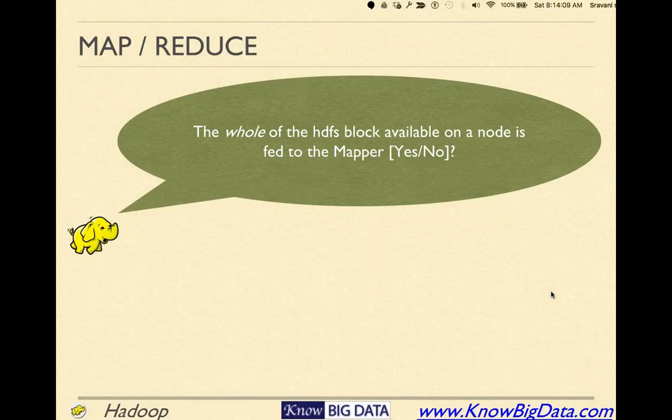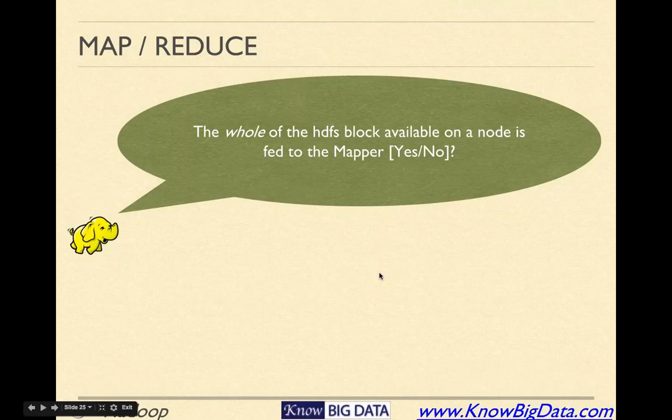Maheshji says that as it is only 128 MB and generally memory is in GB. Yashwant says the whole file will be read by the mapper. Biswa says the mapper has to scan the entire block. Yashwant says the whole block will be fed.